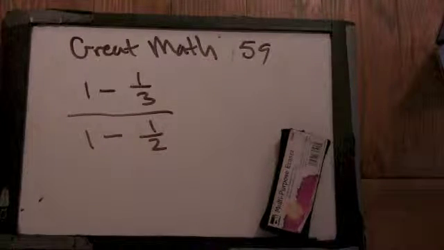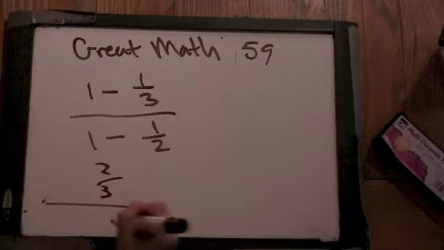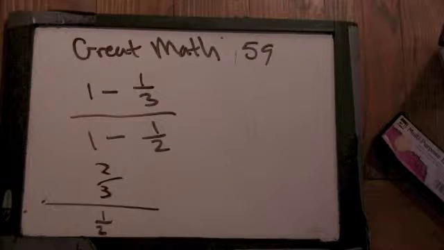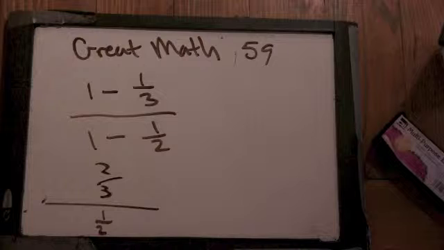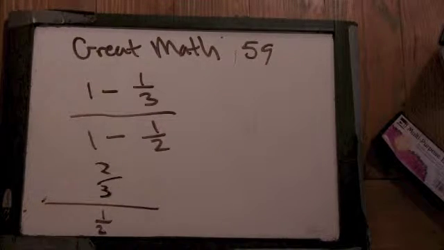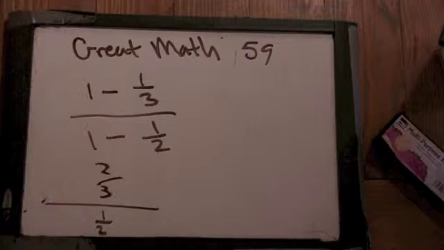Well, let's see. So 1 minus a third is 2/3 over 1 minus a half is a half. So this is 2/3 over half. So the way you divide fractions is you flip the fraction on the bottom and then you multiply that new fraction times the fraction on the top.